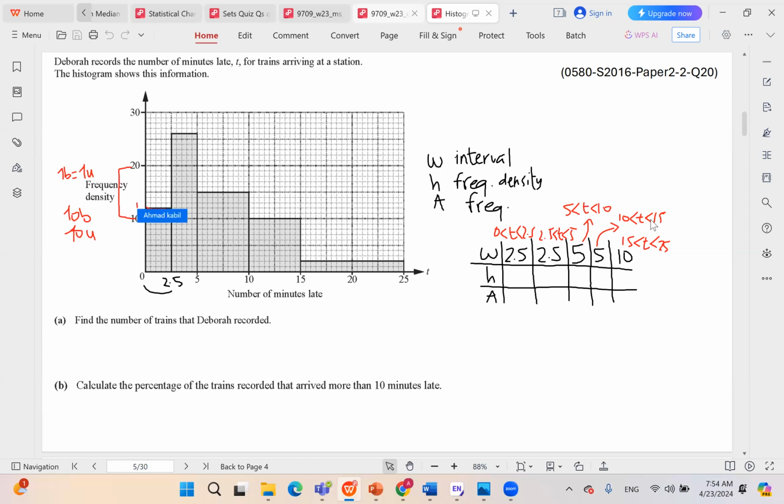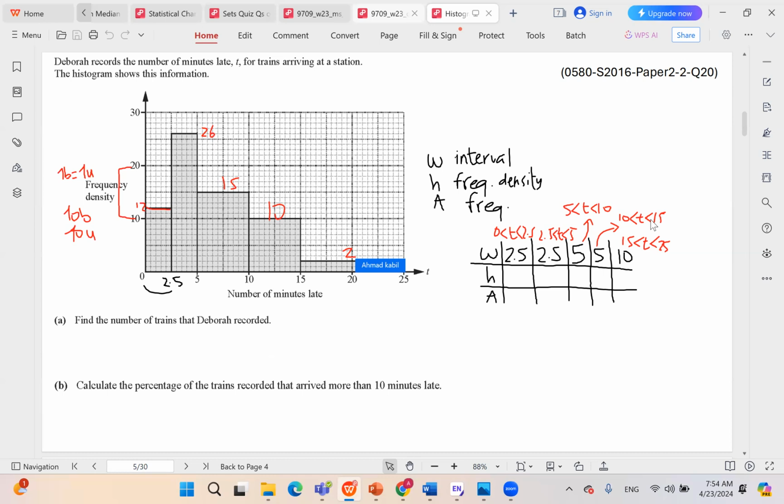This will be 12. And for the second bar, this is 26. The height is 26. For the third bar, it's 15. For the fourth bar, it's 10. For the fifth bar, it's only 2.